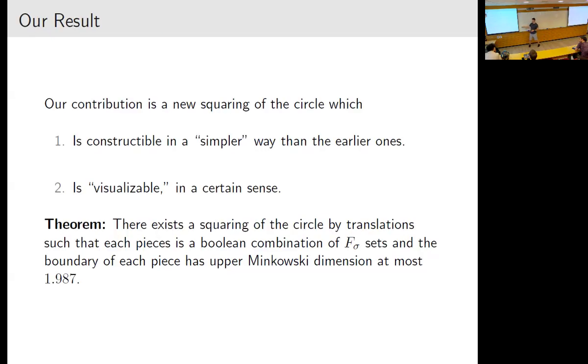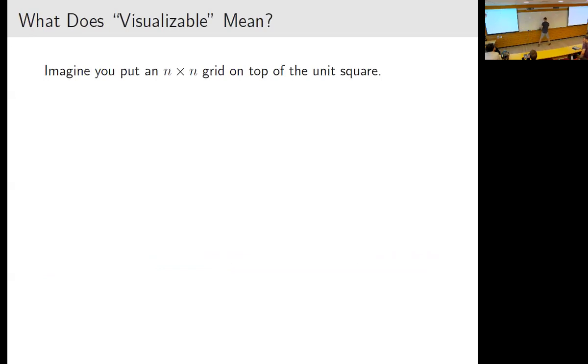Okay, let's explain this upper Minkowski dimension thing and how that corresponds to being visualizable. So let's say this is the unit square, and I've got a circle squaring.